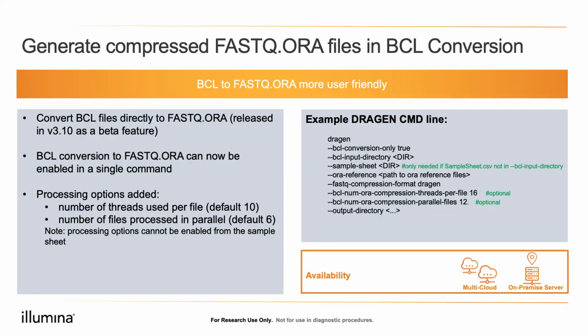It's a fully fledged feature. It can be enabled in a single command. There are some additional processing options. You can specify the number of threads used per file and the number of files processed in parallel. And here's an example DRAGEN command line that you would use to enable this.